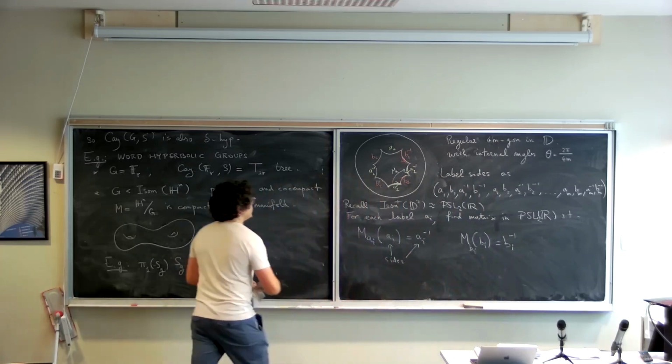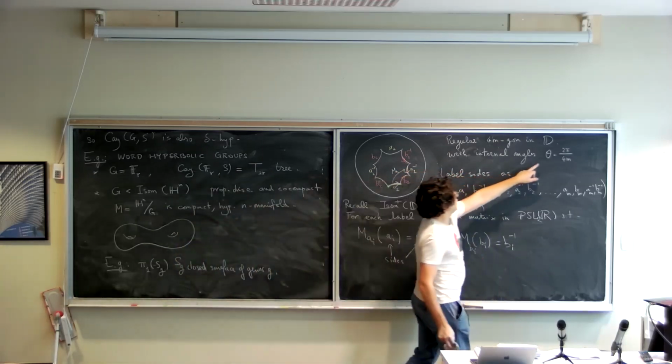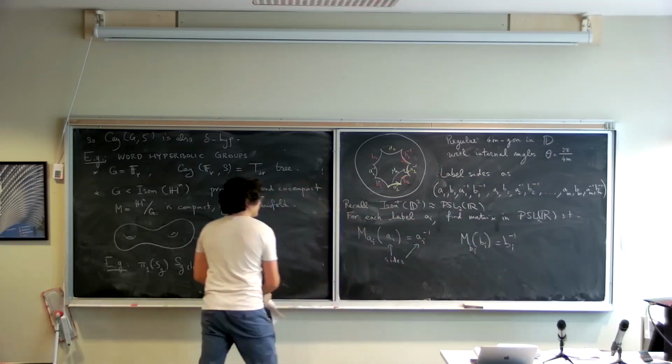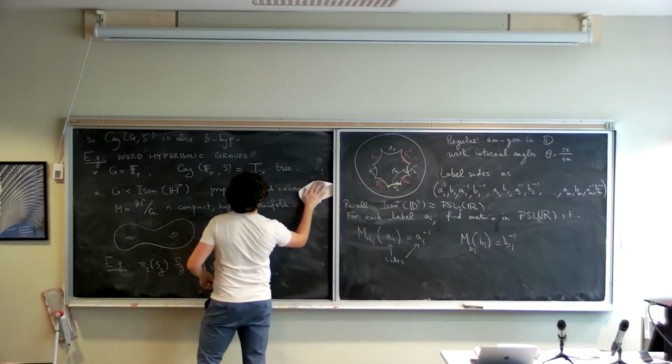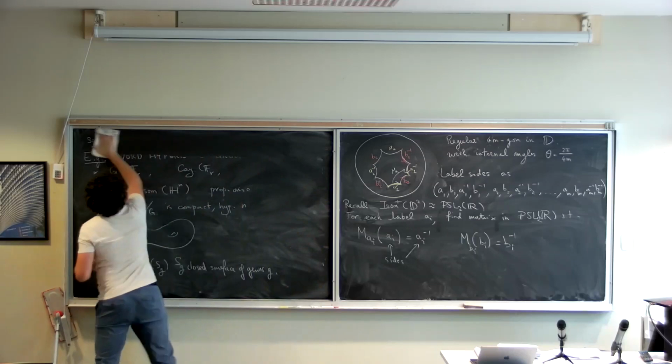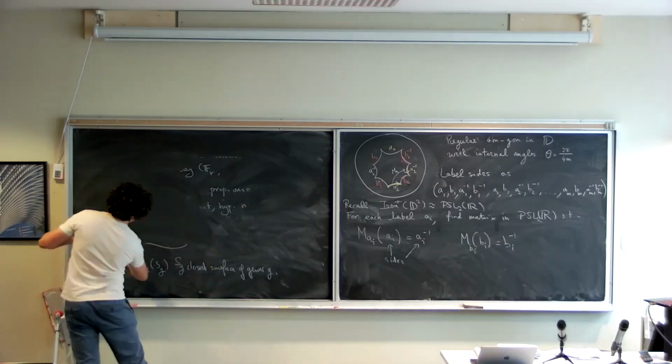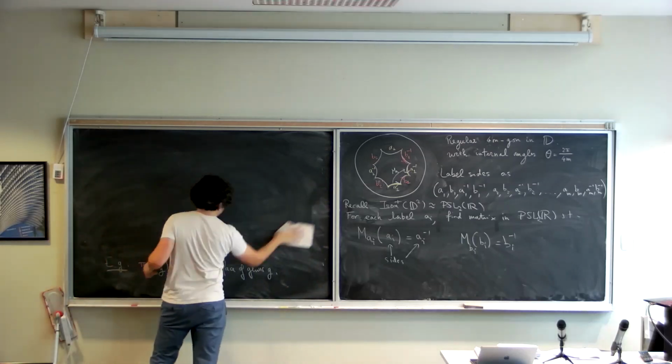And so what it turns out is, since the angles are correct, the group generated by these matrices is discrete. So this is not completely trivial. This is the old theorem of Poincaré.